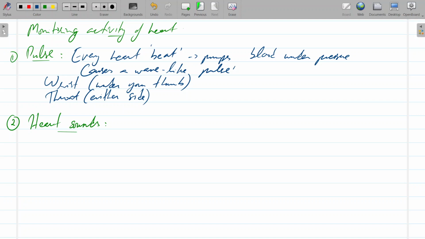Otherwise, what doctors do obviously is use an instrument called a stethoscope. With that stethoscope, you can not only listen to it but it amplifies the sound so you can listen to it better.